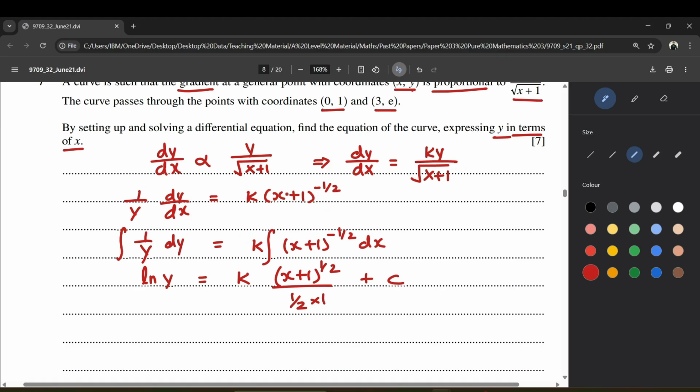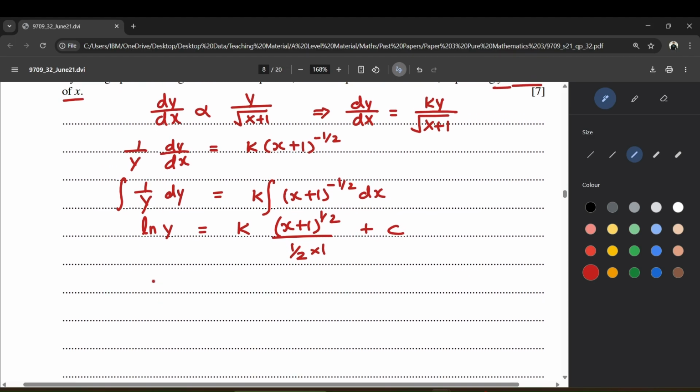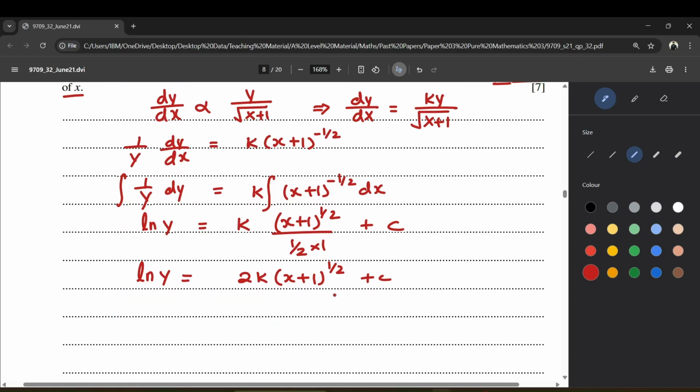This is an indefinite integral, so we have to write plus c. If I rearrange this, I get ln y equals 2k times (x plus 1) to the power half plus c.